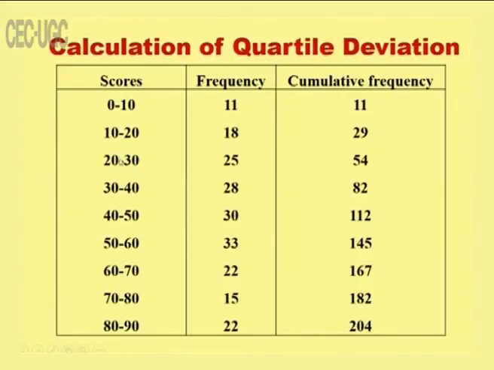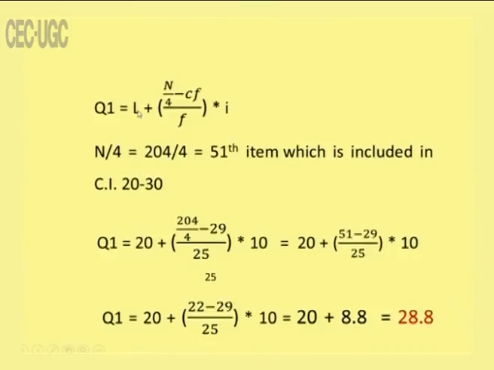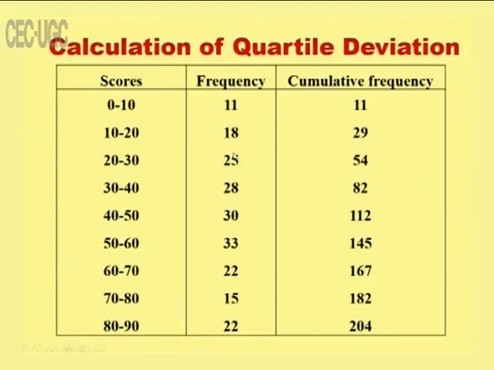And therefore, the lower point of that class interval is L, the lower point of the class interval which is containing the first quartile. Here L is 20, and n by 4 is 204 by 4, minus the cumulative frequency of that particular class.